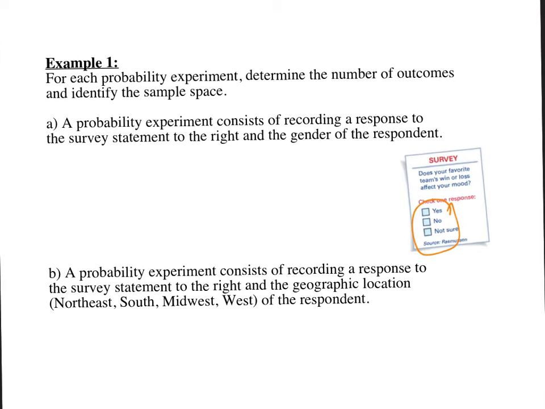So we could have the respondent be a male who says yes, a male who says no, or a male who says not sure. And then we could have a female who says yes, a female who says no, and then a female who says not sure. So we actually have 6 total outcomes in our sample space.